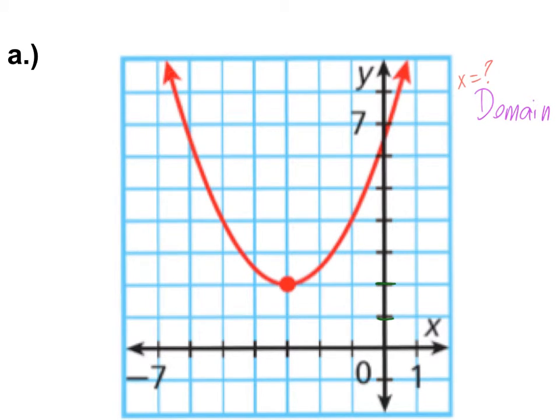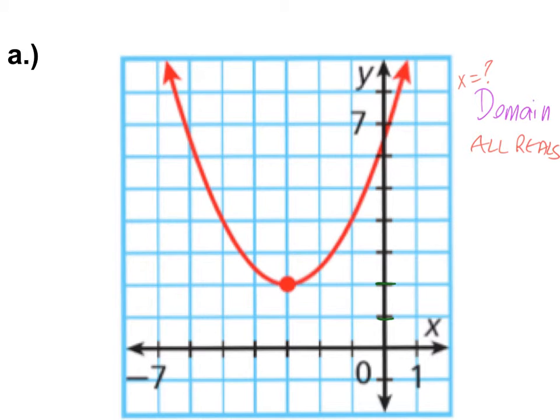Well, I know that the arrows at the very top are telling me that I am infinitely getting wider and wider. And when I'm going wider in both directions, that means that my value of x is getting more and more in both directions. So the domain of every quadratic is all real numbers.